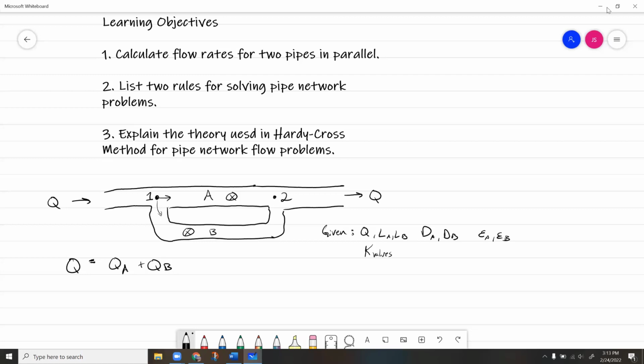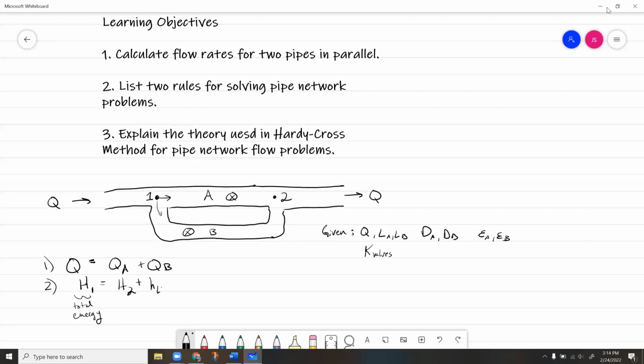And so I'll say this is equation one. Equation two, the energy equation, is going to say that the energy at one, so the total energy, is going to be equal to the energy at two plus whatever head loss occurs in the different pipes.